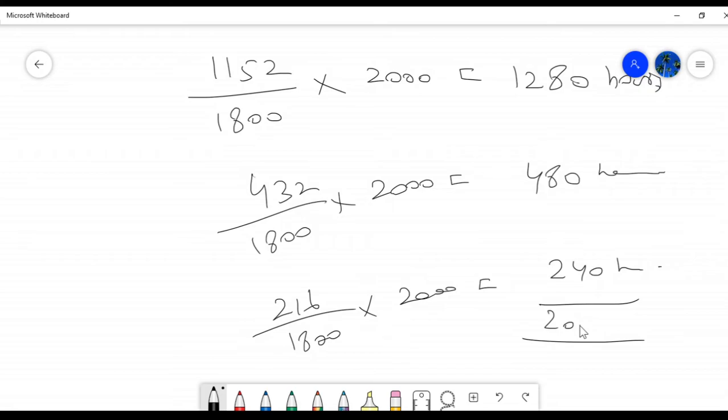Okay, I completed the second portion also. What is the answer for the second portion? If you multiply all these things, then add it, now you will get around 5040. 5040 is the answer.